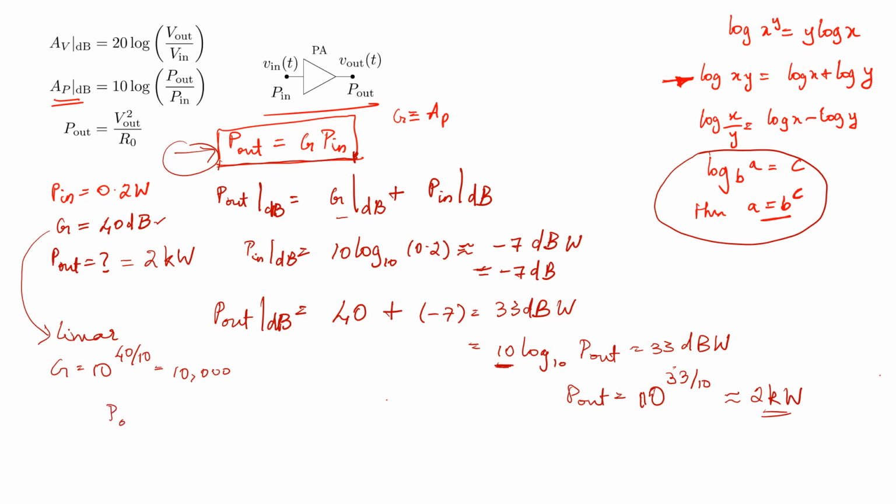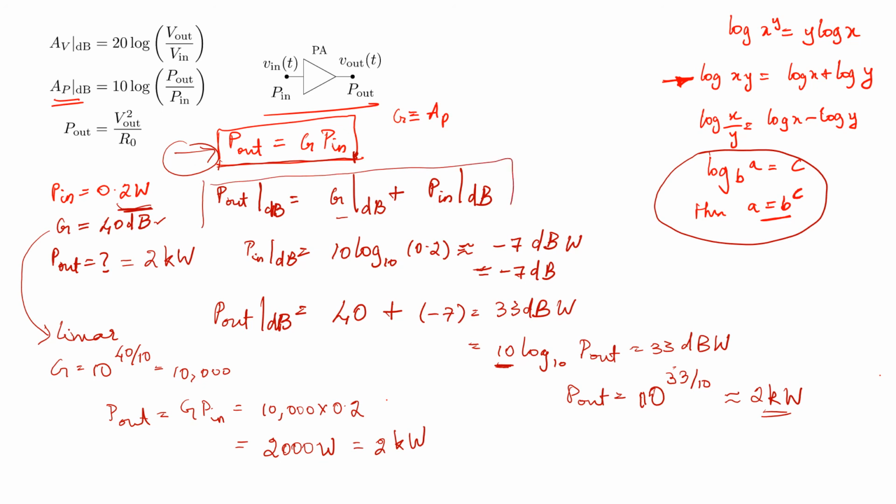So the P out in linear scale is going to be simply gain times P in, which is 10,000 times 0.2 watts, the input power, and that is going to be 2000 watts, which is the same as 2 kilowatts. So whether we stick to doing things in dB, which is simply an addition, or in linear scale, which is multiplication, the end answer has to be the same.